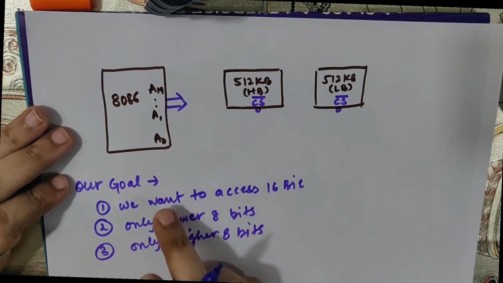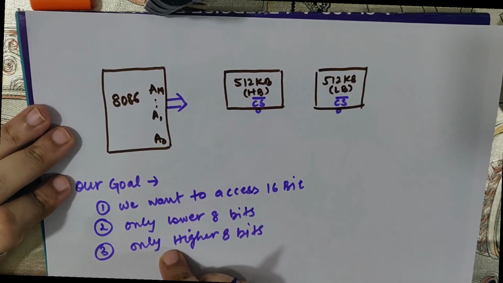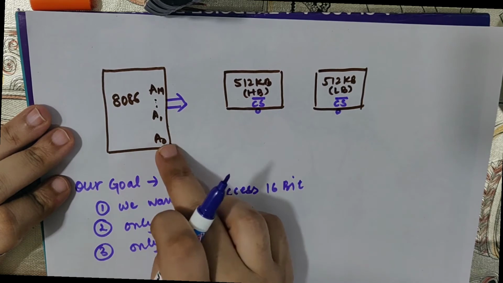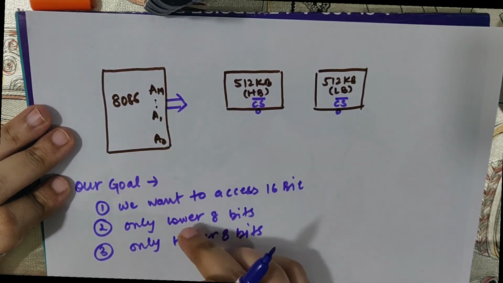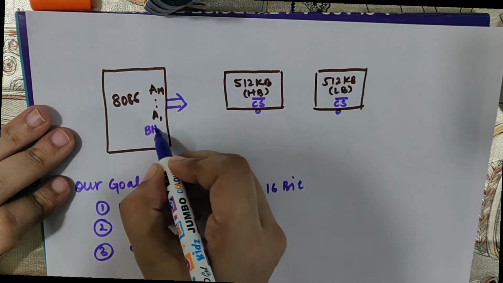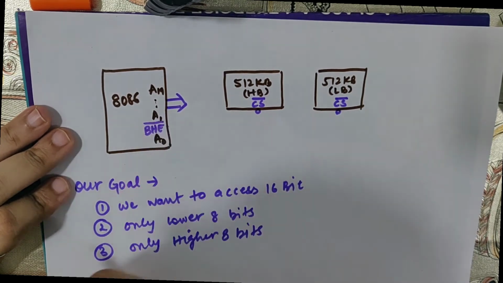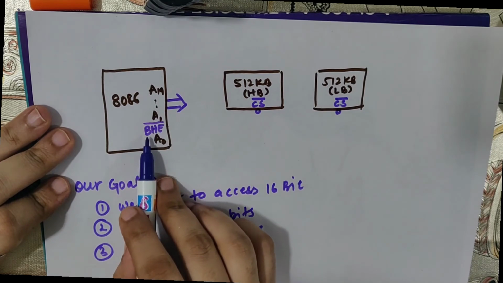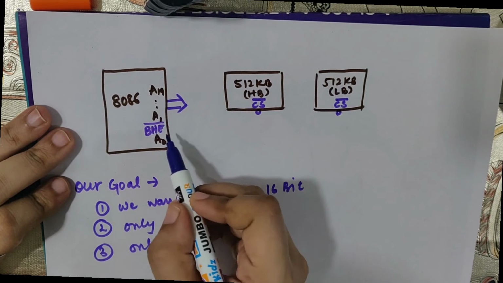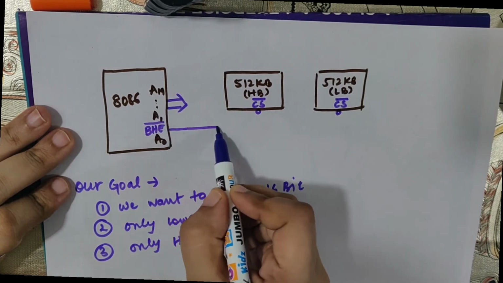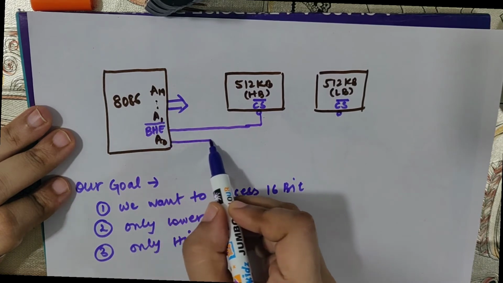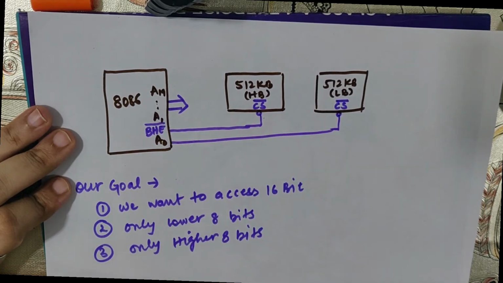Now I need 3 possibilities, but I have only 1 bit here. With 1 bit, 3 combinations are not possible, so there should be one more option available. So there is one more signal called BHE bar, which stands for bus high enable or bank high enable. This BHE bar is used to select the higher bank, and A0 is used to select the lower bank.